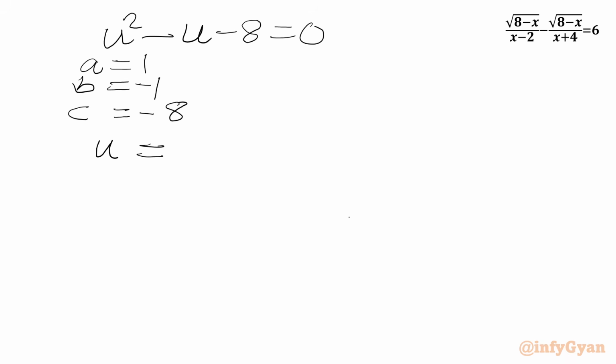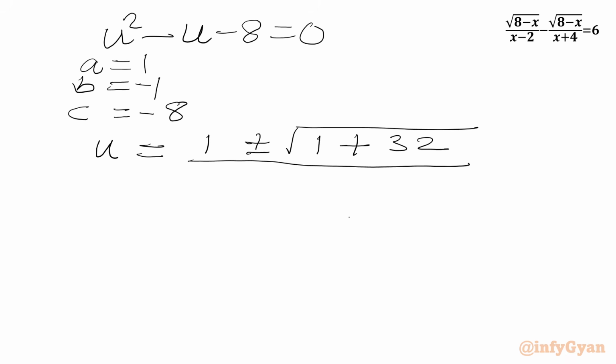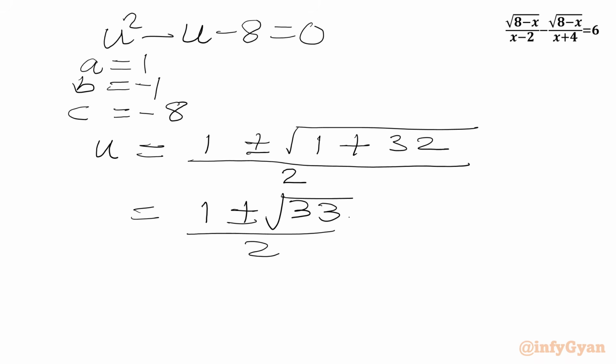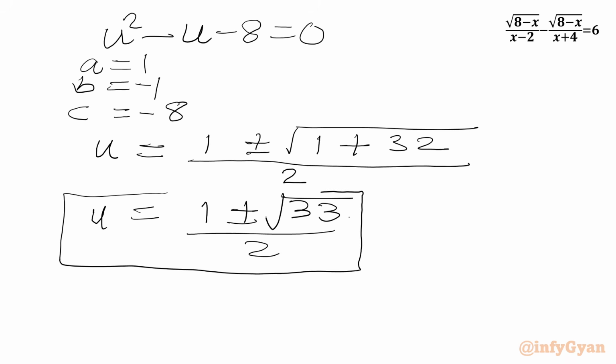We will get minus b, so minus of minus 1, plus minus square root of b square, minus 1 square, 1, minus 4 times 1 times minus 8, plus 32, over 2 times 1, 2, will be equal to 1 plus minus square root of 33 over 2. Again we have two real values of u.